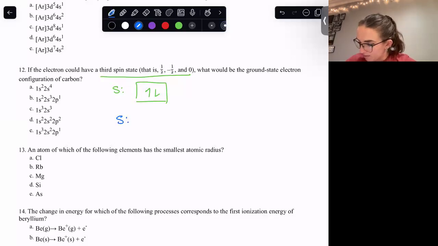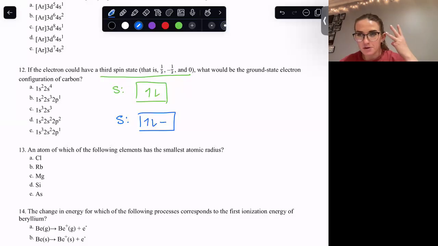But now our 1s orbital can have an up spin, a down spin, and then a 0 spin. So now the first 3 electrons go into the s orbital instead of the first 2 electrons. So instead of 1s2, 2s2, 2p4, is that carbon? 2p2. Yeah, 2p2.